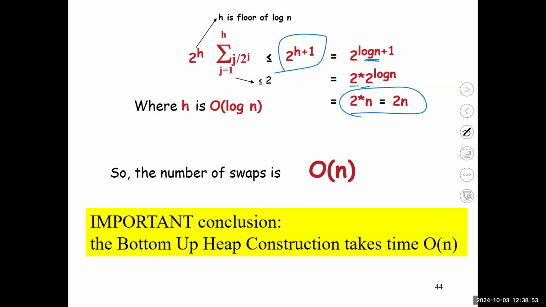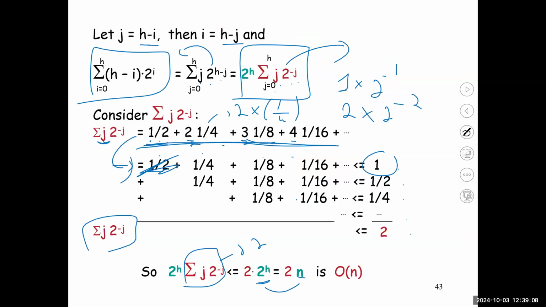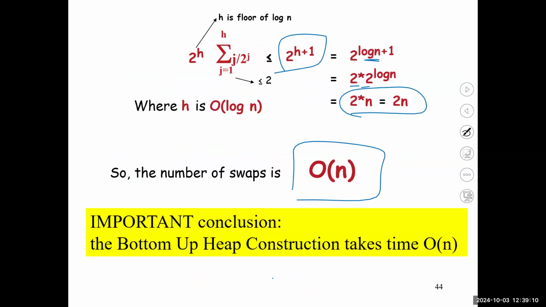Please take a look at it slowly, step by step at home. Check the previous lecture. If you still have questions about the math and you're just curious about the math, we can always discuss it in the next lecture. So we will end up with O of n. Why? Because 2n is going to be O of n. So we actually proved that it's O of n.